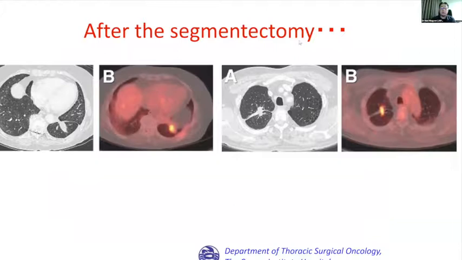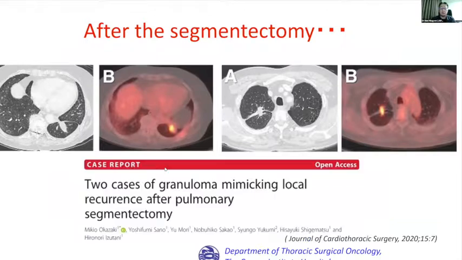After segmentectomy, we sometimes see a tumor occurring at the cutting edge like this. Both patients are PET scan positive. So we are afraid of local recurrence, but in these cases it was granuloma by bronchoscopic examination.